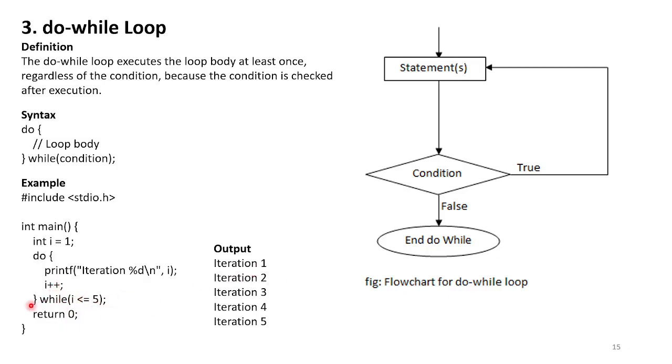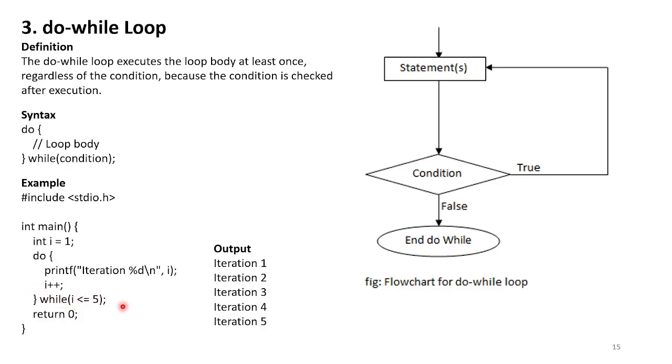Similarly, after updating to 3, it checks, yes, it satisfies, then prints again. Then 4 is checked, satisfied, it goes inside the body again, prints iteration 4, and updates to 5. 5 is equal to 5, yes, it satisfies, so it re-enters the body. After executing, it becomes 6. Now it checks if 6 is less than or equal to 5. No, so it simply breaks the loop.